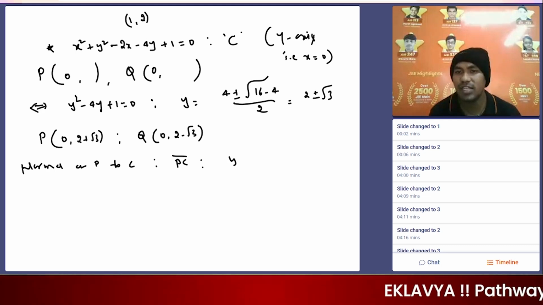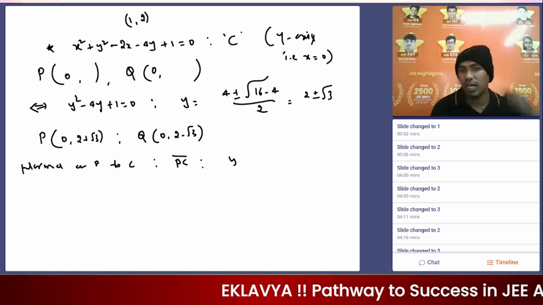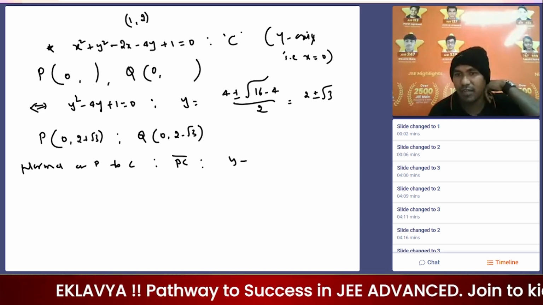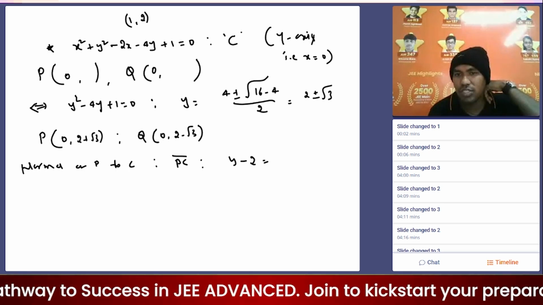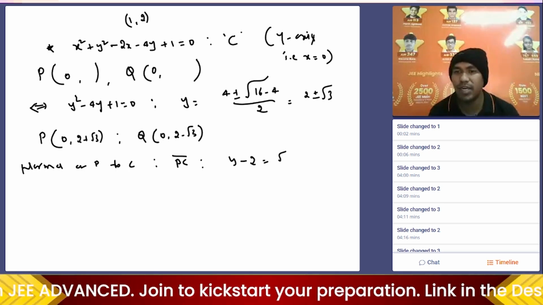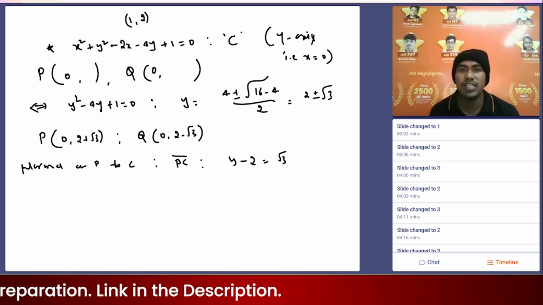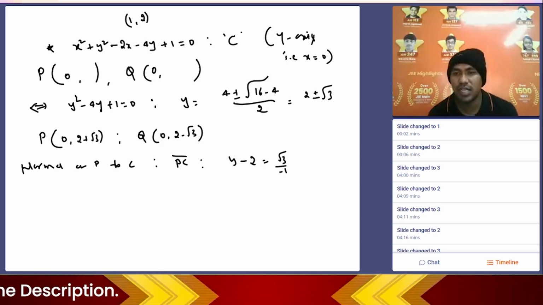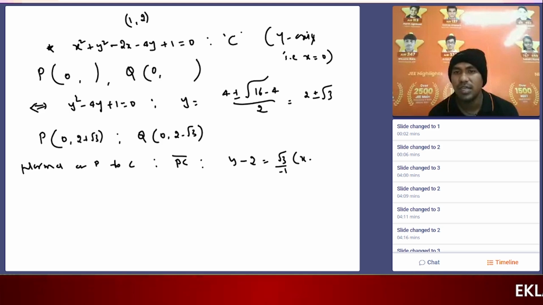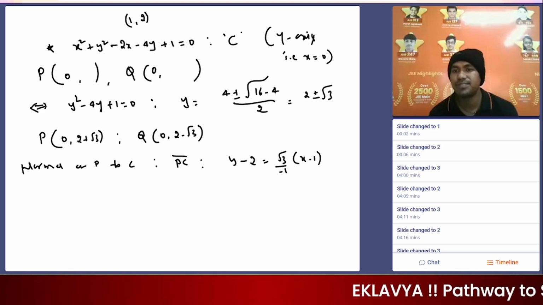If you take that, then you will get y minus 2, which equals 2 plus root 3 minus 2, that will become root 3, upon 0 minus 1, that will become minus 1, times x minus 1.